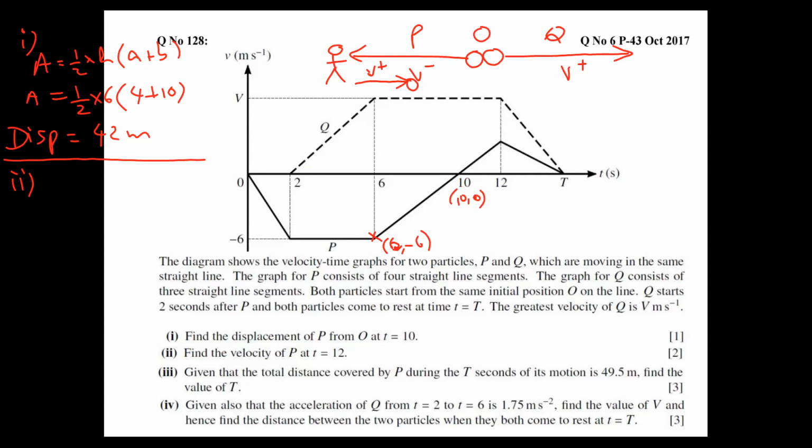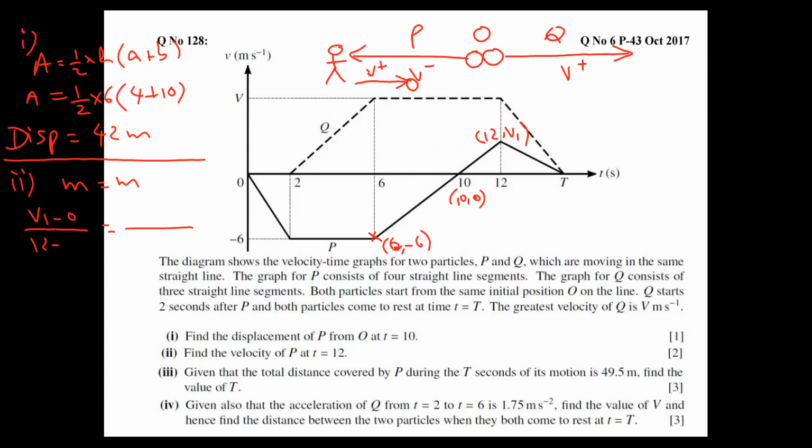And for this one, x is 12 and the y value I don't know, so I can find it. This coordinate is (12, v1). Why v1? Because we already used other symbols. Because a straight line has the same gradient, either I use these two coordinates or this one with this. So I write m equals m, where m stands for the gradient, using the gradient formula (y2 minus y1) over (x2 minus x1).